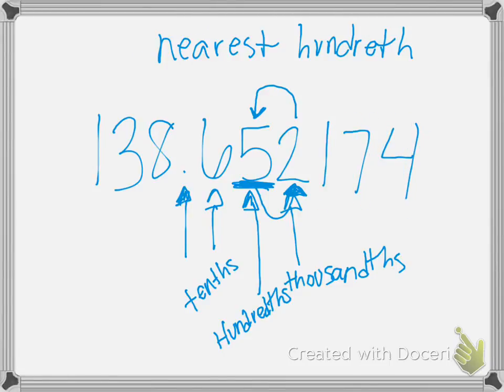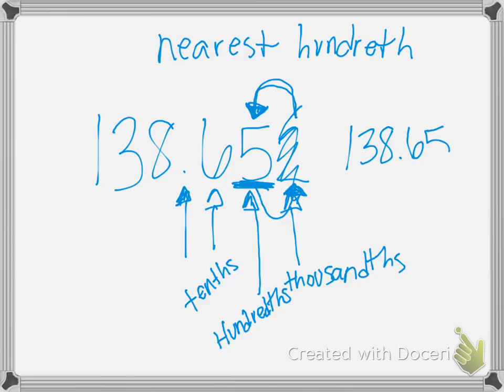Those are just not even important to me right now because I'm rounding to the nearest hundredth. But I do need to keep the thousands for now. So in this case, my 2 does not change my 5. It does not round my 5 up to a 6. So I'm done with the 2. So my answer would be 138.65. That would be my exact calculated answer.